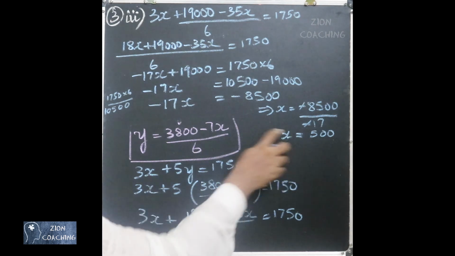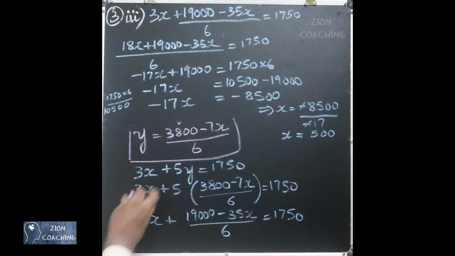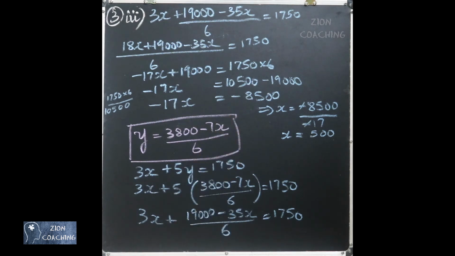Now substitute this 500 here. We have y is equal to (3800 minus 7x) by 6. We are going to substitute that x value here.